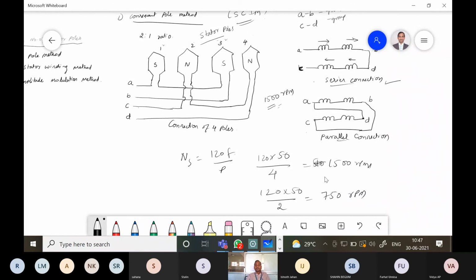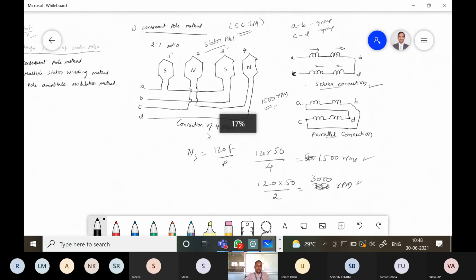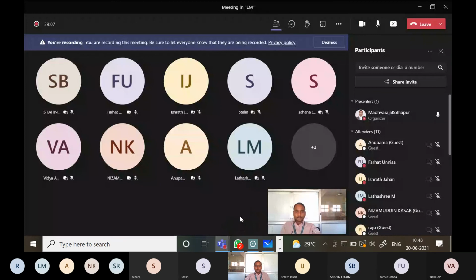So like that we can vary the speed of the induction motor. This is the way of using the consequent pole method. Any doubt regarding this?